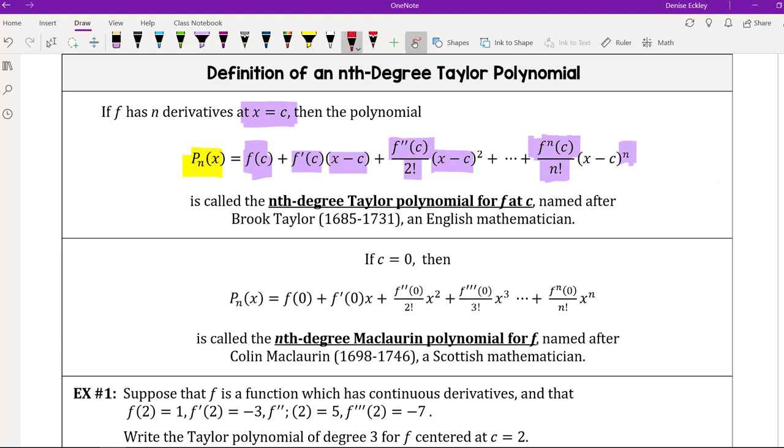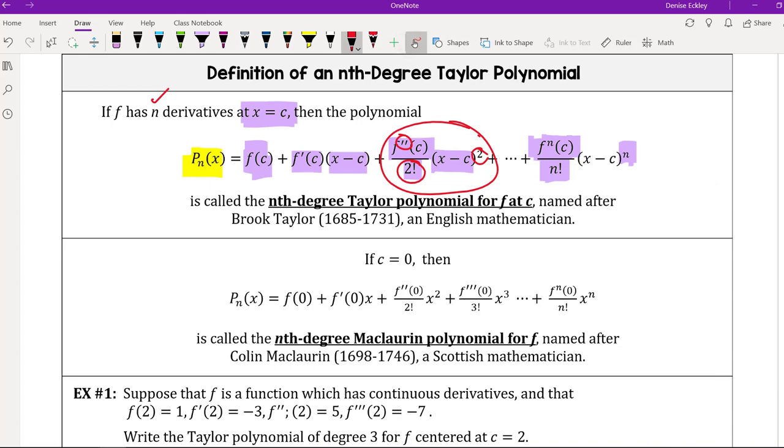The thing to notice is if you get this part correct, these match up: the derivative you're on, the factorial, and the power of x minus c. Now you have to be careful to make sure the function has n derivatives, as many derivatives as you want.